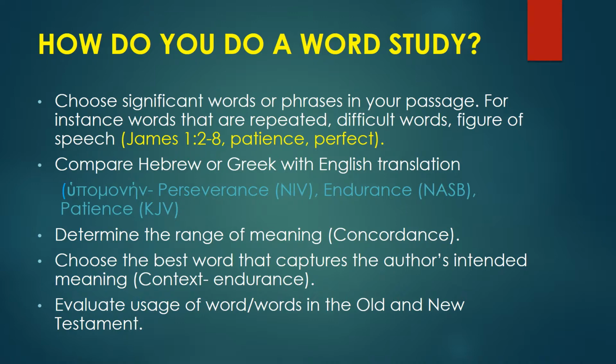For instance, in the book of James, chapter 1:2-8, it's talking about persecution. So in light of the persecution that the audience was facing, the word perseverance or endurance would better fit that context than patience.